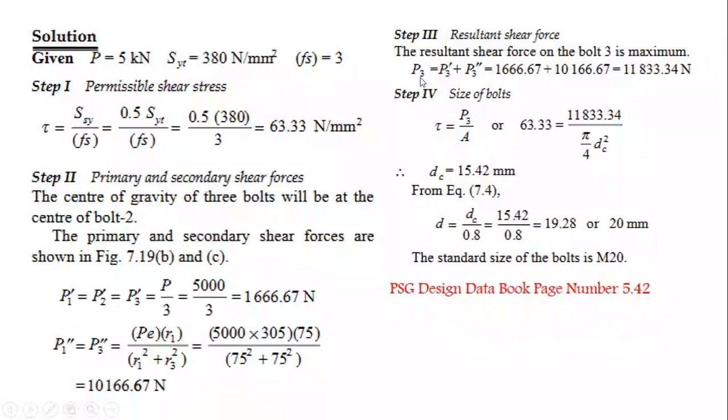So P3 equals the primary shear force at bolt 3 plus the secondary shear force at bolt 3. Adding these values, we get the maximum shear force at bolt 3, 11,833.34 Newton.